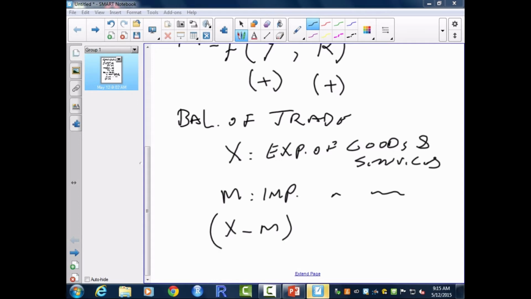So export minus import would show the balance of trade.